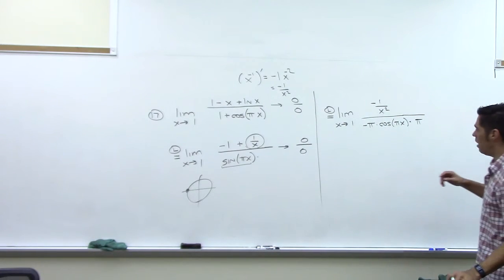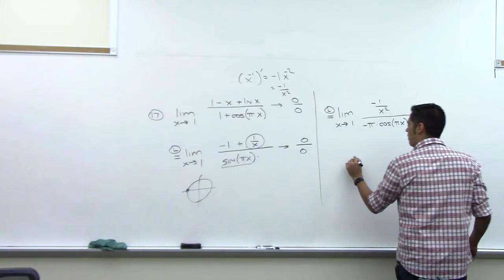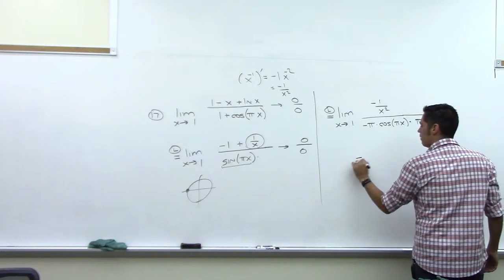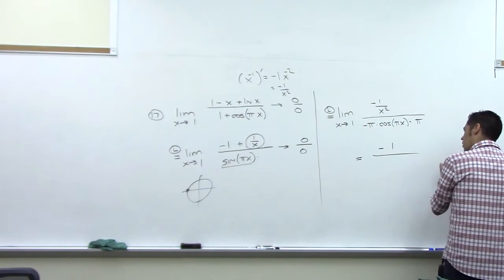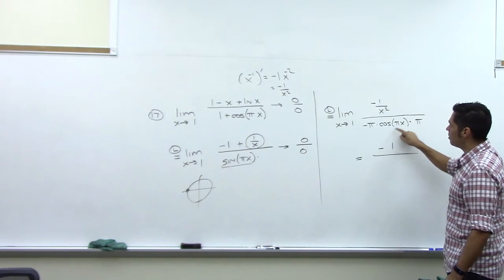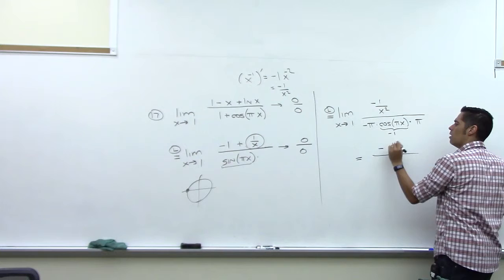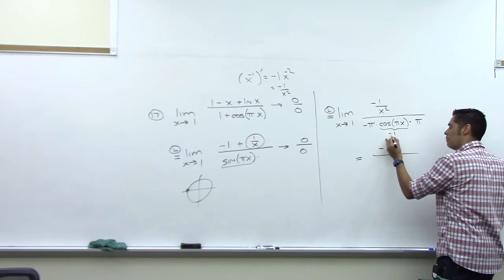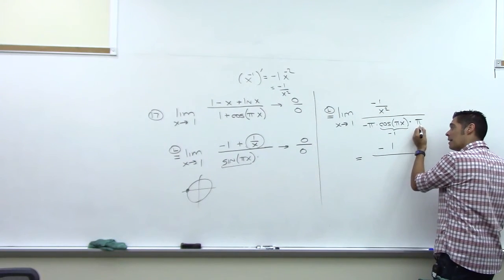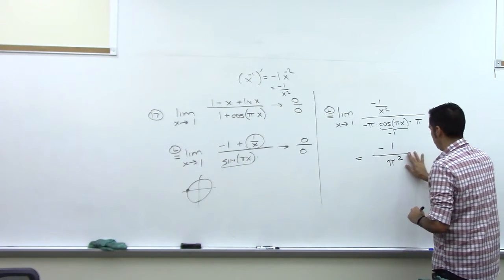If x is 1, this is -1 over 1 squared. That's -1 on top. So that is headed towards -1 on top over, see, cosine of pi times 1, that's cosine of pi. Cosine of pi, we said that was -1. So negative pi times -1 is pi. Then times pi again, that's pi squared. Oh, that's it.